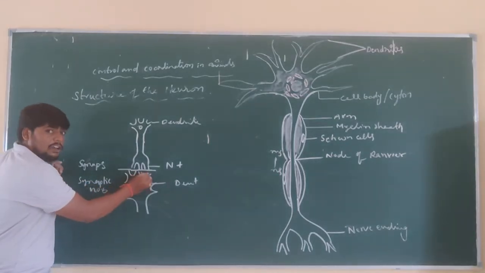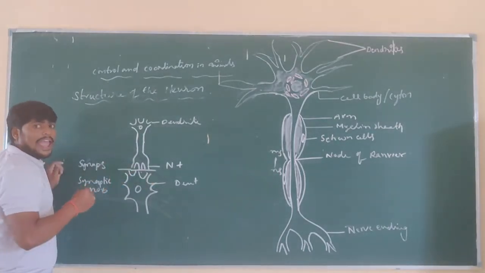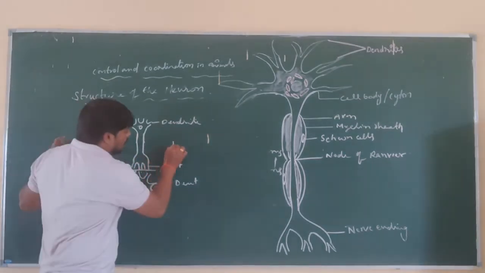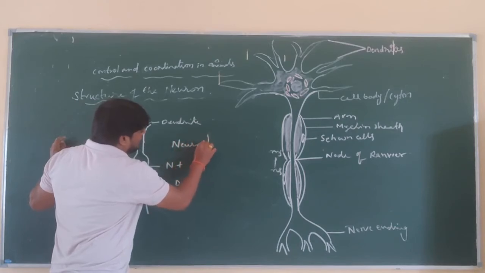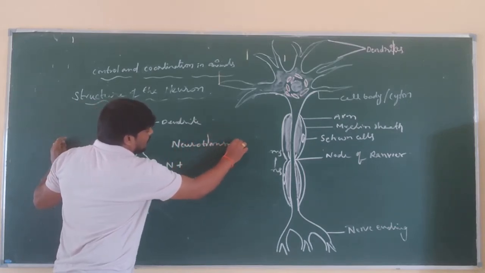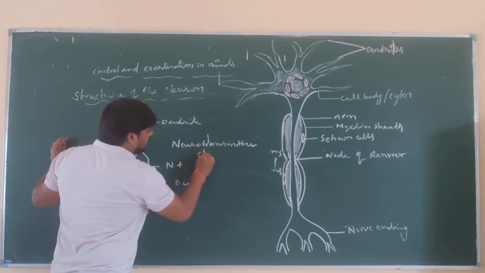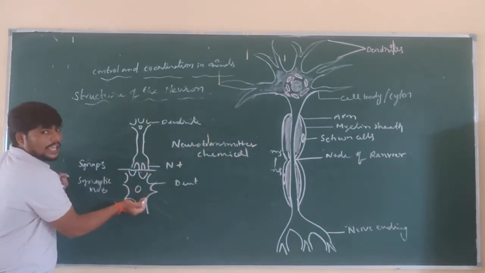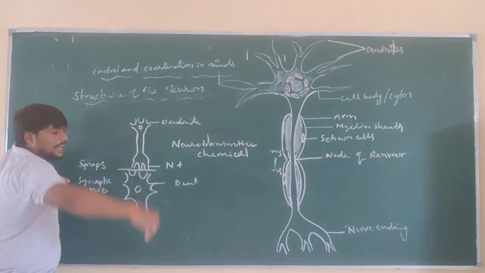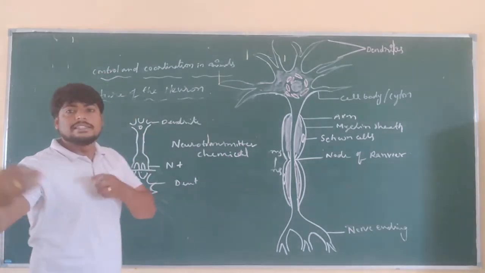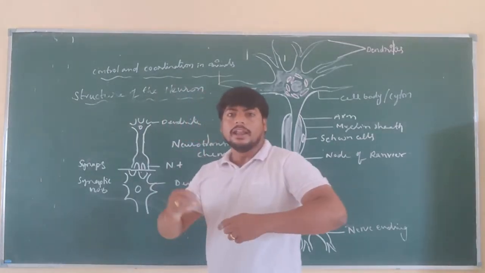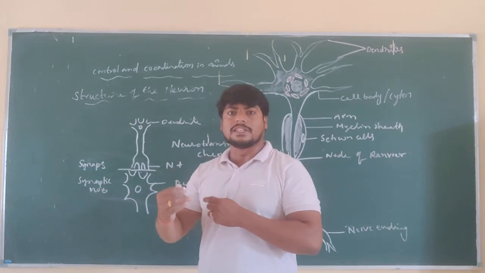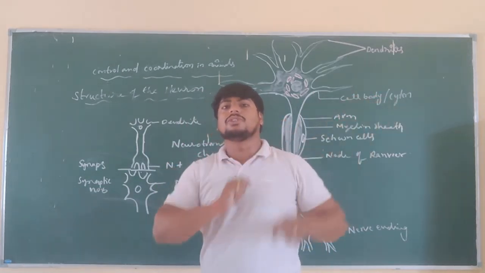This synaptic knob activates the release of neurotransmitter. What is it called? Neurotransmitter. That is a chemical, neurotransmitter chemical. This chemical passes to the next dendrite, and again it passes to the adjacent nerve cell. That is how the communication is continuously connected between adjacent nerve cells to carry the message to the brain.